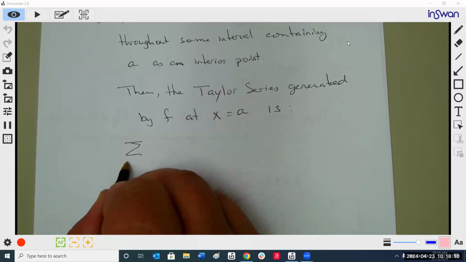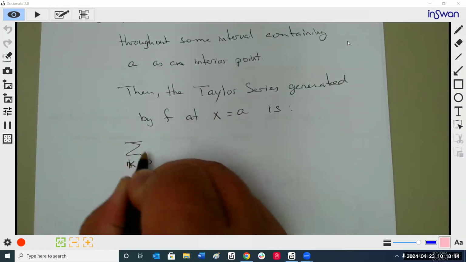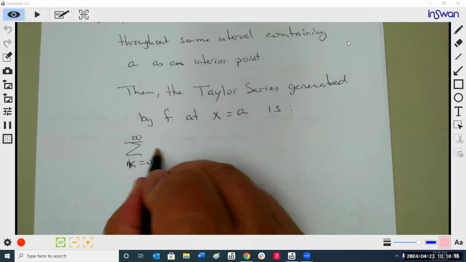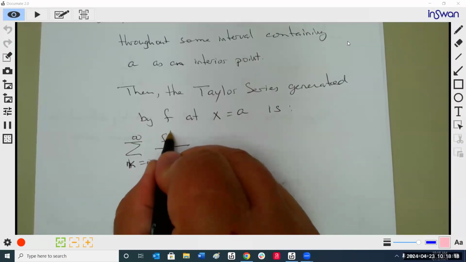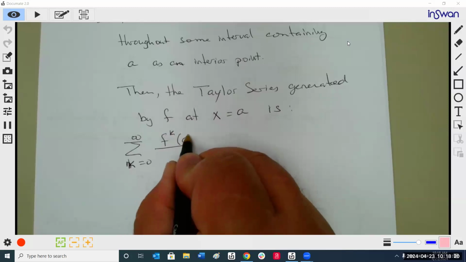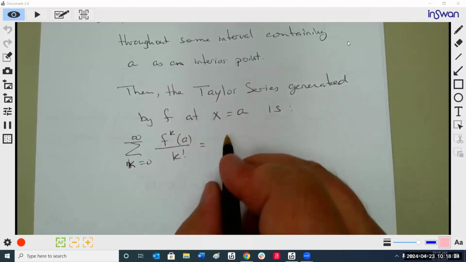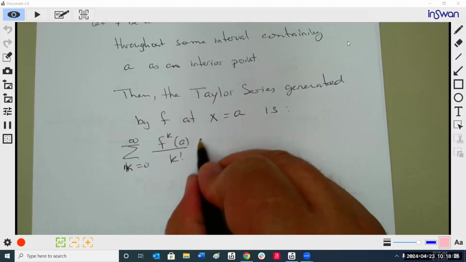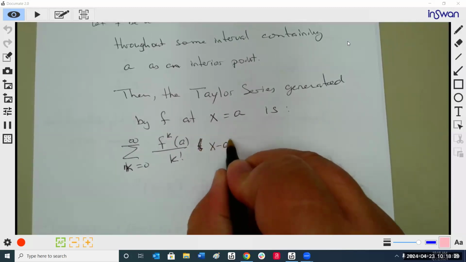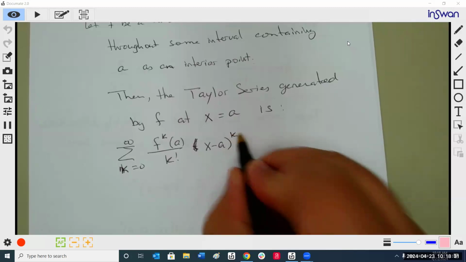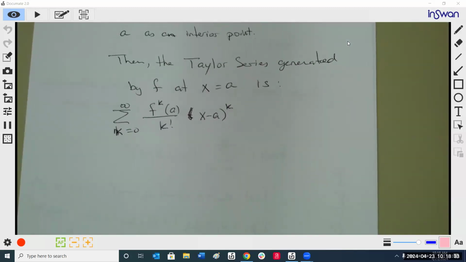The summation of k equals 0 to infinity of f to the k over k factorial, times x minus a to the power k. That's the Taylor series.